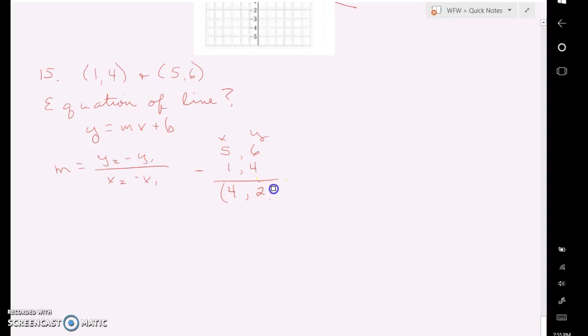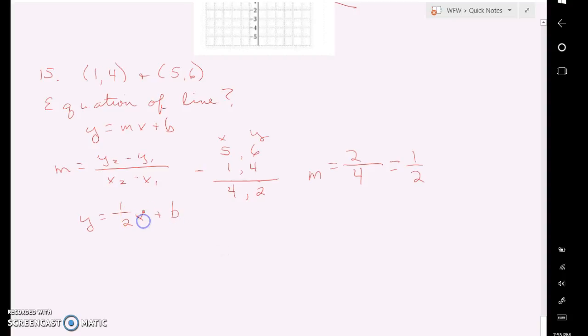Remember, it's the difference in y's over the difference in x. So m is 6 minus 4 is 2, 5 minus 1 is 4, and you must reduce it. So m is 1/2. Okay, so now we know that y equals 1/2 x, but we need to find b.